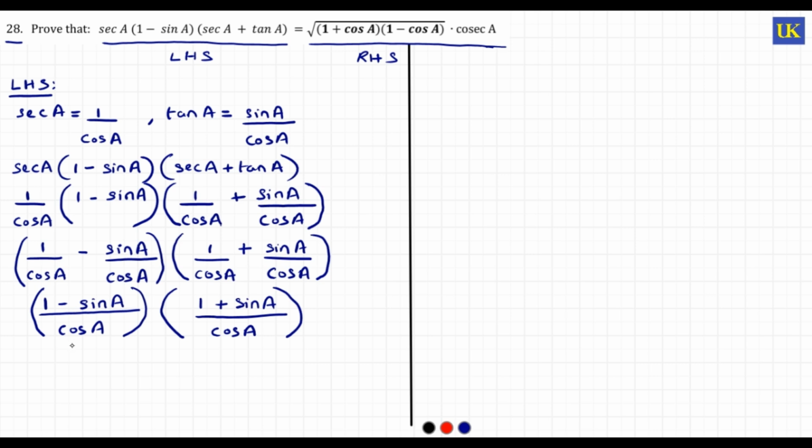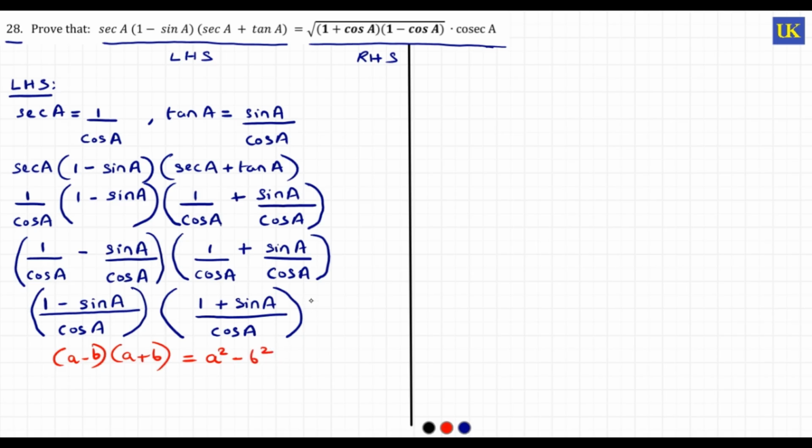Now we will multiply the top things and the denominators. For the numerator part, this looks like the formula a minus b into a plus b, and we know that then we can write a square minus b square.